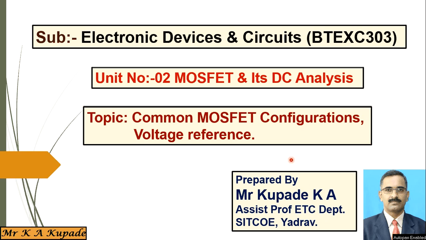There, I reference is considered equal to I out or IQ current, and that is called constant current source biasing. That's why it is called constant current source biasing. So this we discussed in the previous lecture.